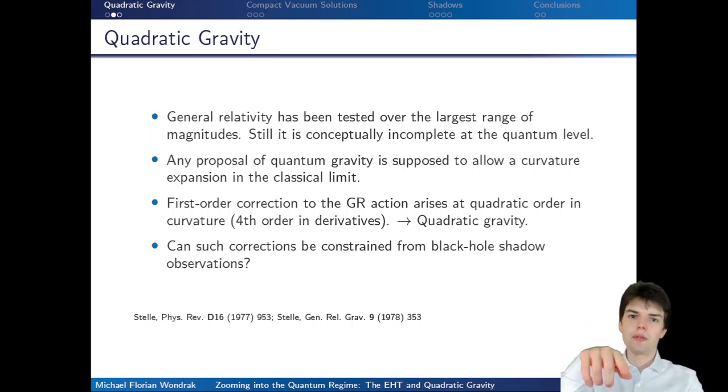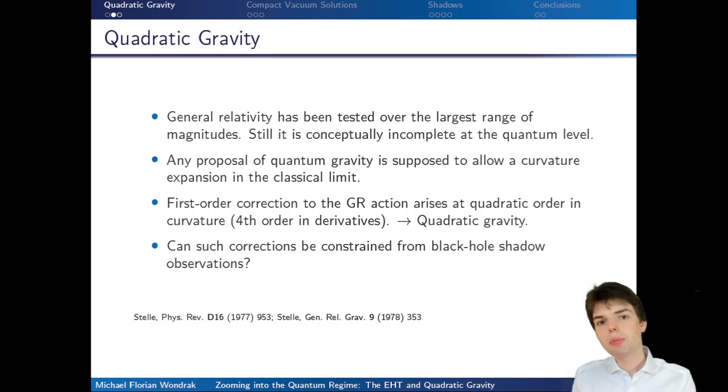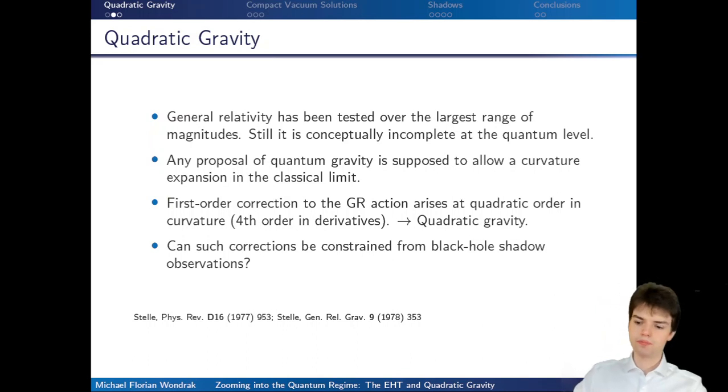You do not just have the Ricci scalar, which is the first term and first order in curvature, but you add more terms, higher order in curvature. The first correcting terms would be quadratic, and therefore imply that it is fourth order in derivatives. So we're looking at this first-order correction, quadratic gravity, and ask ourselves whether such corrections to the theory of gravity can be constrained from black hole shadow observations.